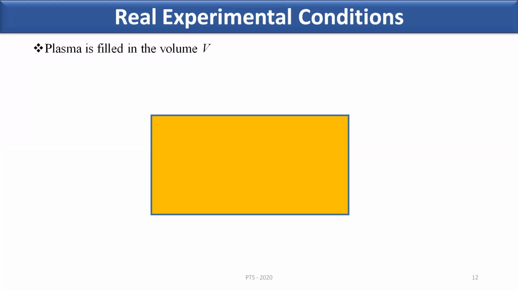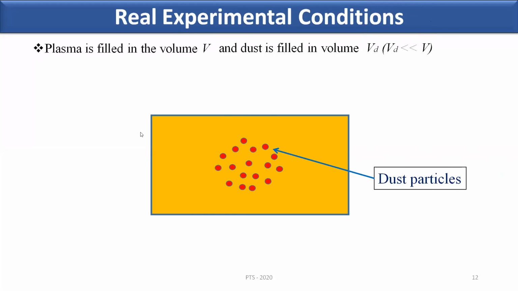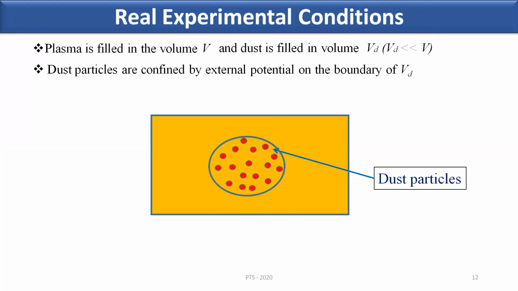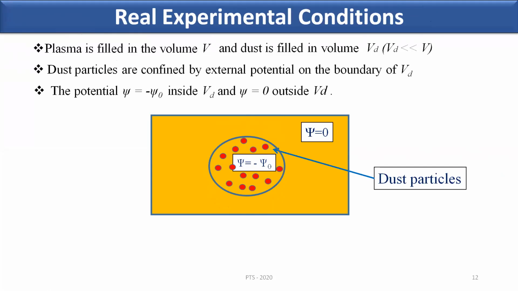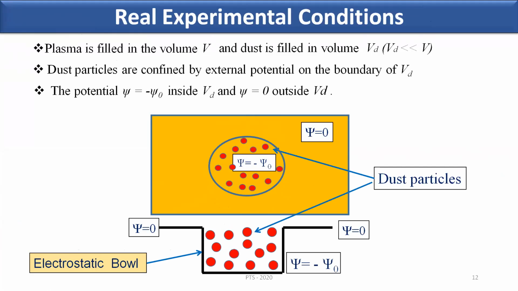Whereas the real experimental conditions are that the plasma is filled in volume V, and the dust is filled in another volume Vd, confined by external fields in a smaller volume. This situation is analogous to an electrostatic bowl, in which the potential inside the bowl is negative, whereas outside the bowl the potential is 0.